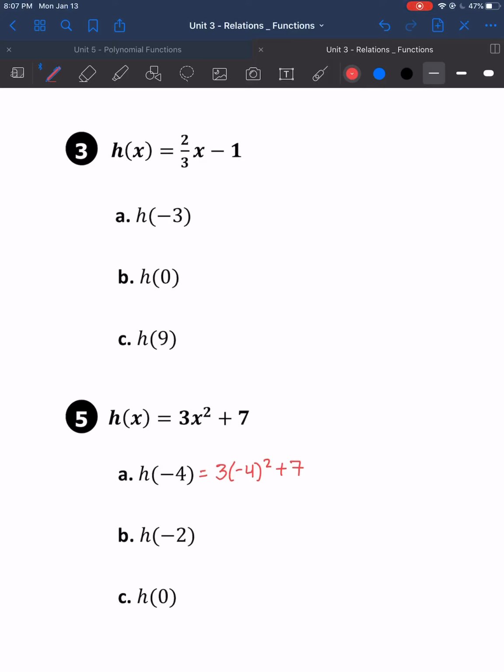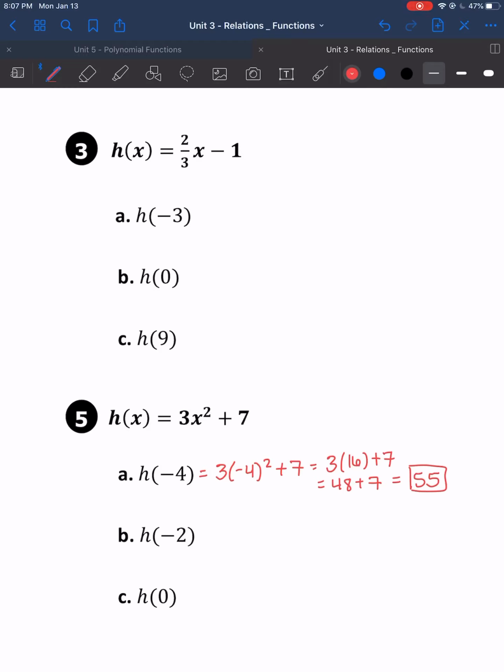Using order of operations, I will start with the exponent. Negative 4 squared is 16. So 3 times 16 is 48, plus 7 gives me 55.